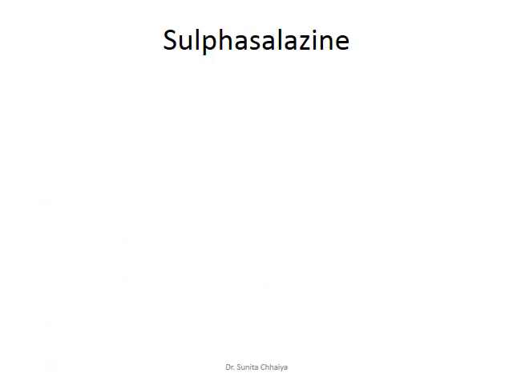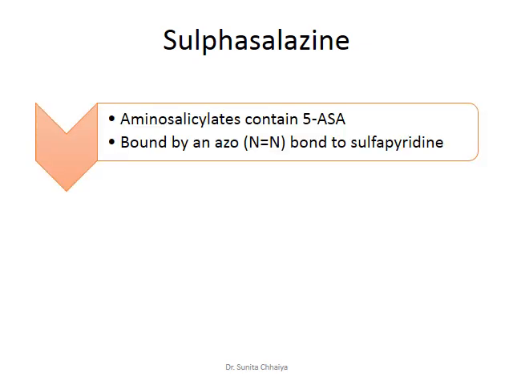One by one, the first group is 5-amino salicylic acid, and the congener is sulfasalazine. It contains 5-ASA, which is bound by an azo bond to sulfapyridine.